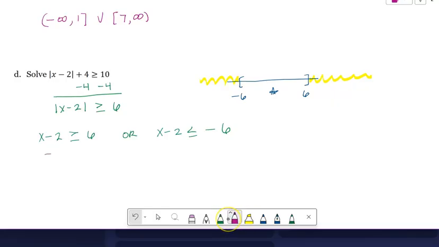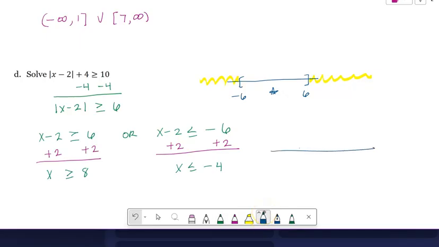Let's add 2 everywhere to get the x by itself. So I have x greater than or equal to 8, or x less than or equal to -4.